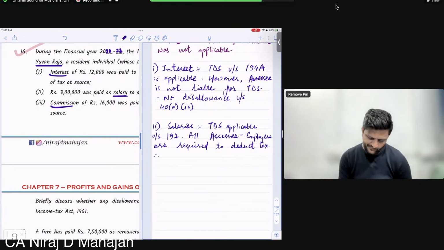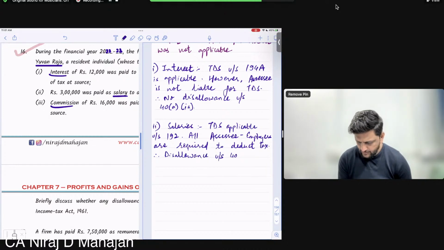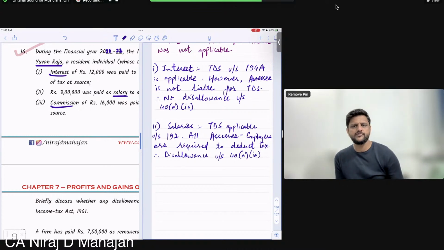So therefore, disallowance. 40A(1a). What is 40A(3) for? 40A(3) is for salaries paid outside India or to a non-resident.